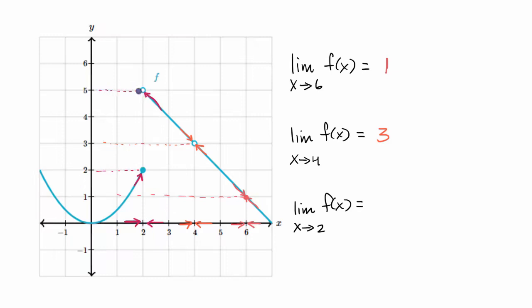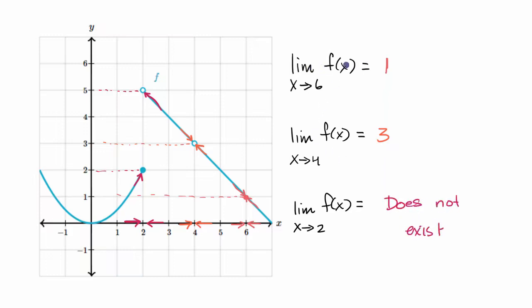It's not quite getting to 5, but as we go from 2.1, 2.01, 2.001, the value of our function is getting closer and closer to 5. And since we are approaching 2 different values from the left-hand side and the right-hand side, we would say that this limit does not exist. So, does not exist, which is interesting.